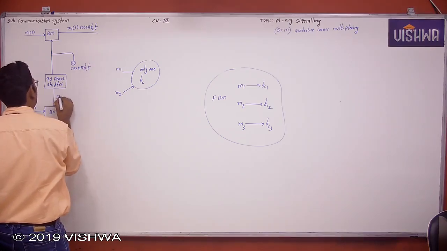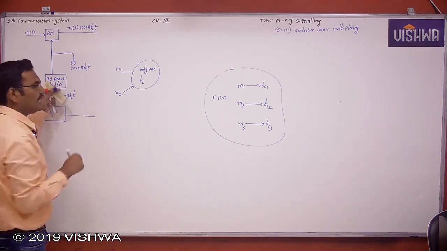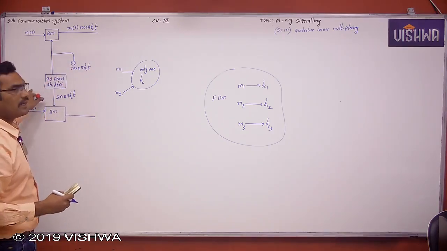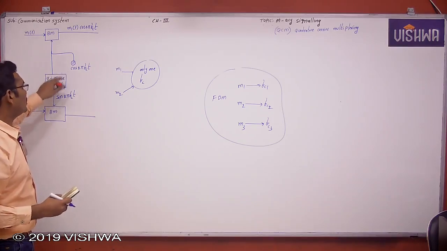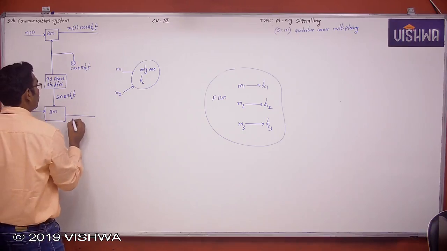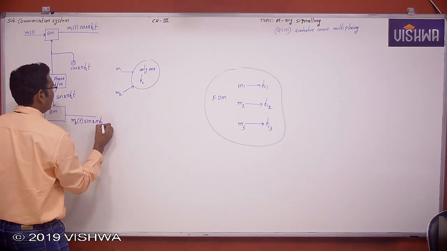Now this is sin 2 pi fct. Now the second message signal uses the same carrier, but these two message signals will not interfere with each other because these two carriers are in quadrature in phase. So this is m2 of t into sin 2 pi fct.